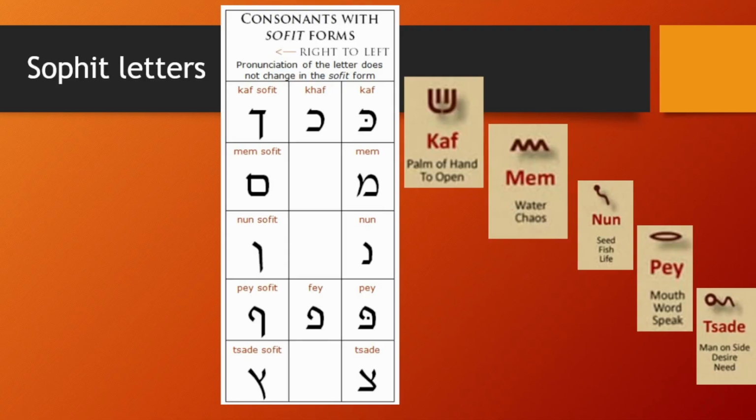But nonetheless, and then Pei is the mouth or a word spoken. So you see the lips for Pei. And then Tzade, they say, is a man on his side, or it represents desire or a need.